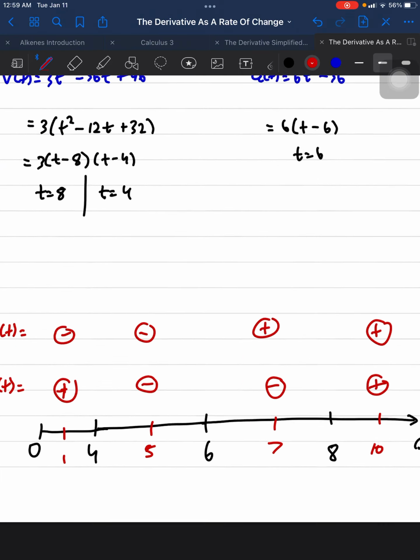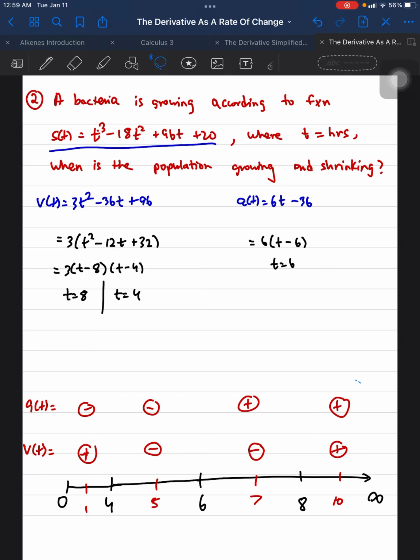So what we're going to do is compare acceleration and velocity at these certain intervals.